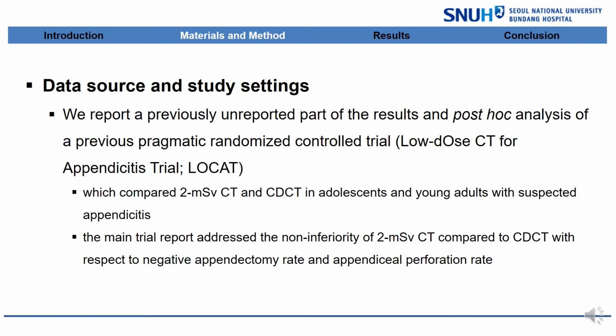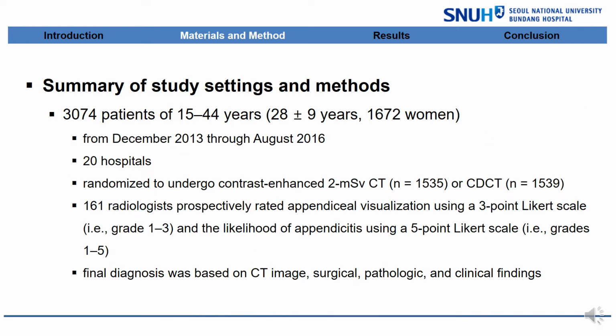The main trial report addressed the non-inferiority of 2 millisievert CT compared to conventional CT with respect to negative appendectomy rate and appendiceal perforation rate. We randomized about 3,000 patients to undergo 2 millisievert CT or conventional CT from December 2013 through August 2016 in 20 hospitals.